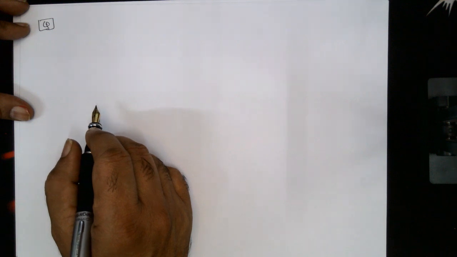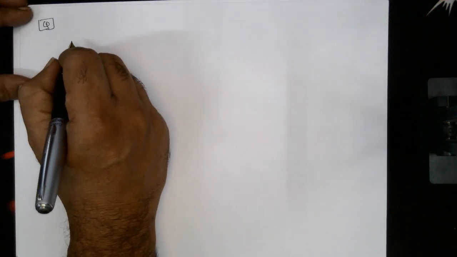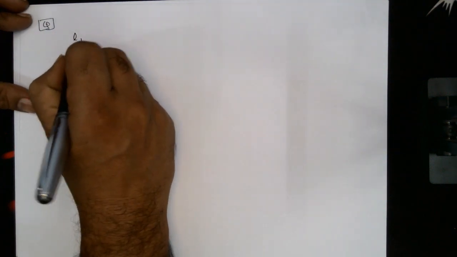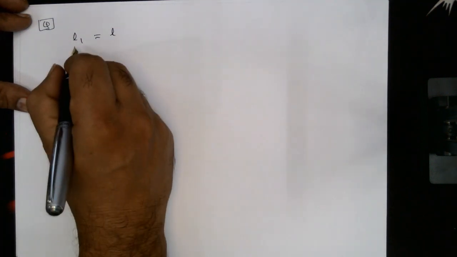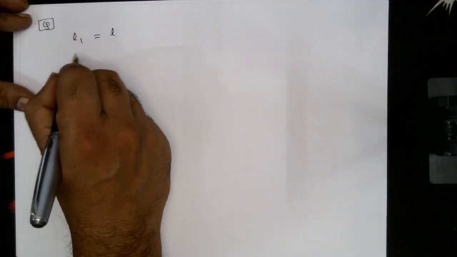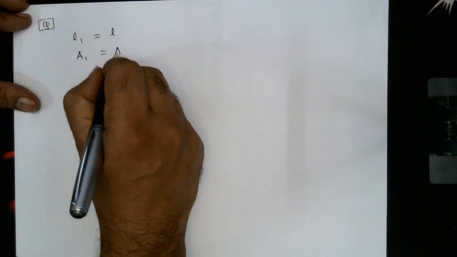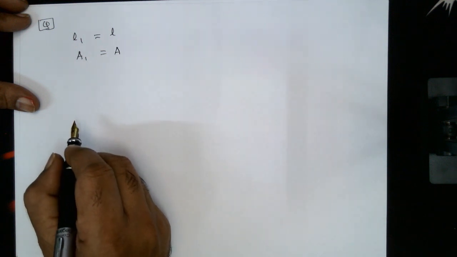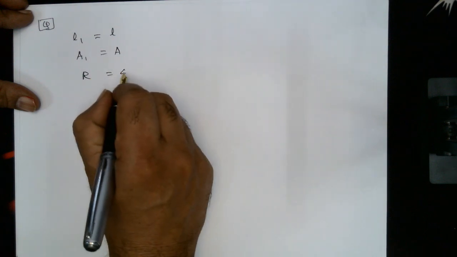So the material is same, length L. So L1 is L, and area 1 is equal to A, has a resistance of 4 ohms. So its resistance is 4 ohms.